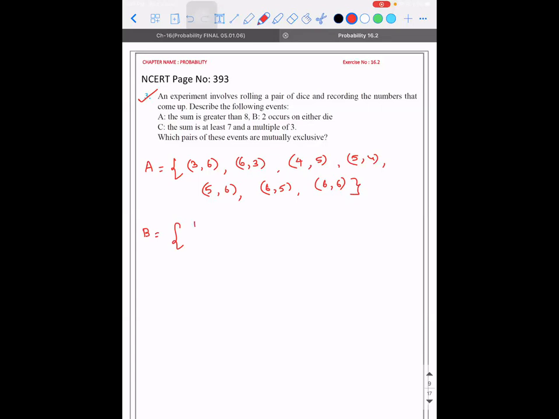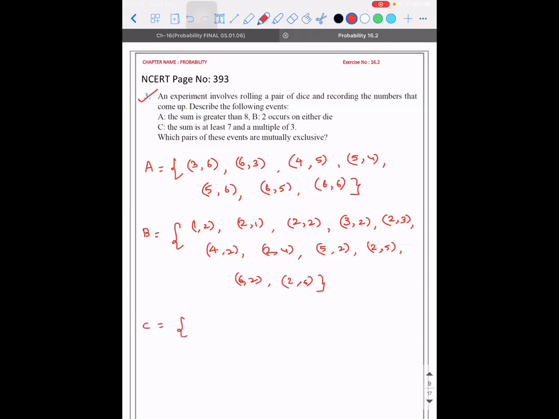So what is the meaning? 1 comma 2, 2 comma 1, 2 comma 2, 3 comma 2, 2 comma 3, 4 comma 2, 2 comma 4, 5 comma 2, 2 comma 5, 6 comma 2, 2 comma 6. Yes, 2 occurs on either die.